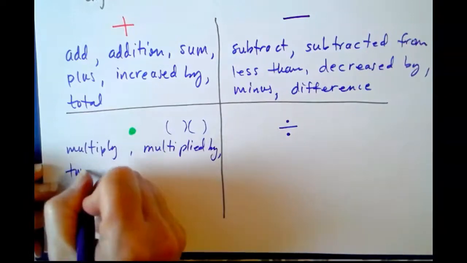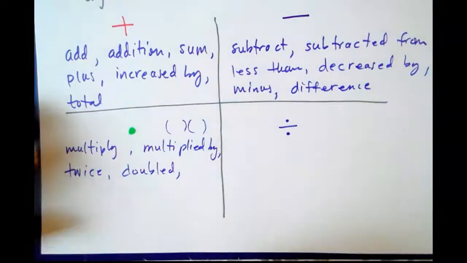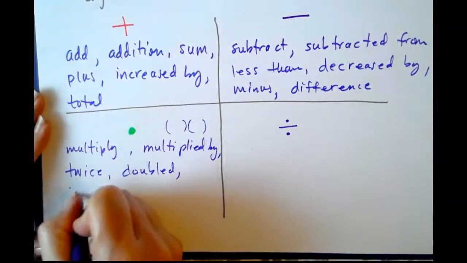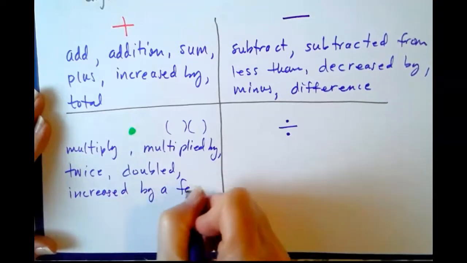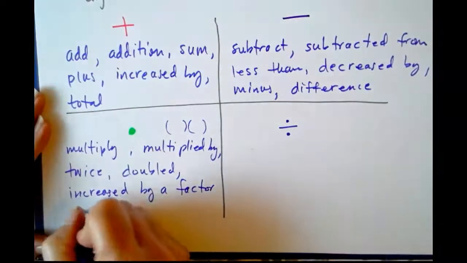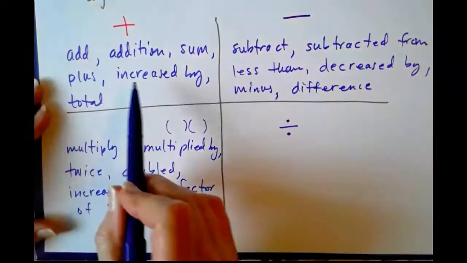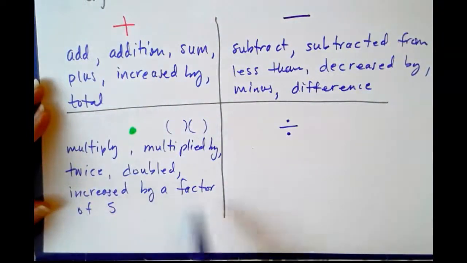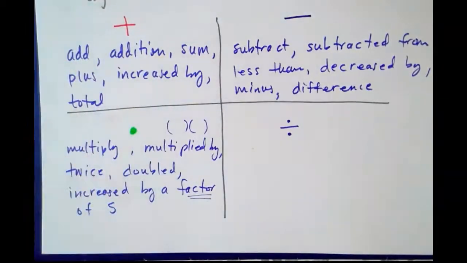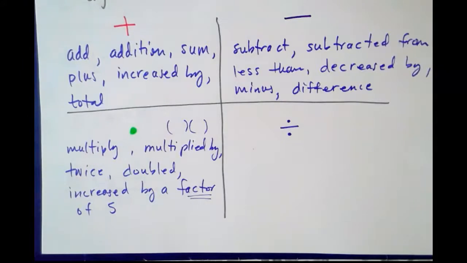How about twice or doubled? Or here's a good phrase, increased by a factor of 5. Increased by a factor of 10. Now, increased by does mean addition, but when we say increased by a factor, it becomes multiplication.